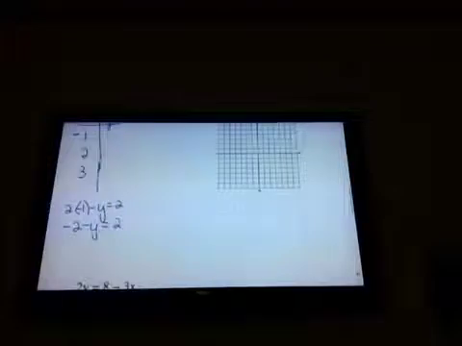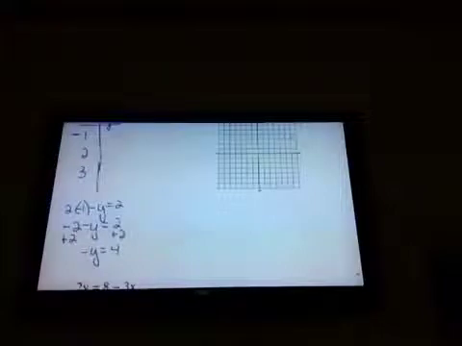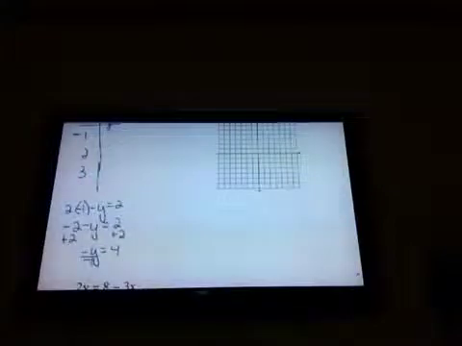Then to get that y by itself, I'm going to add 2 because it's a minus. So negative y equals positive 4. And I have to make the y positive, so I'm going to divide by negative 1. And y is a negative 4.